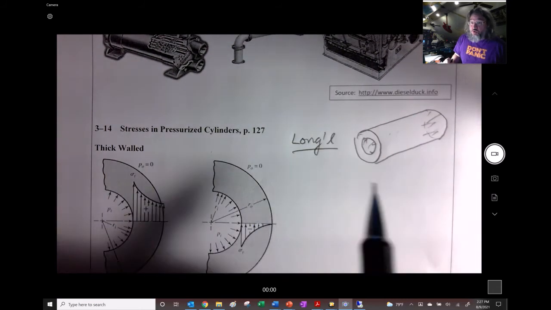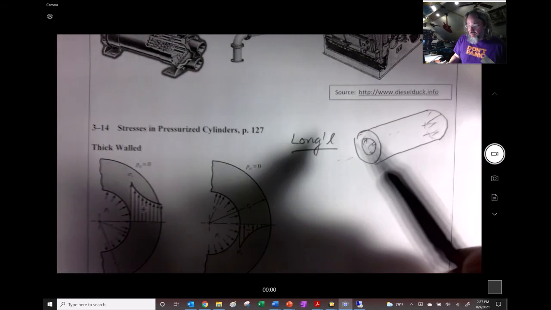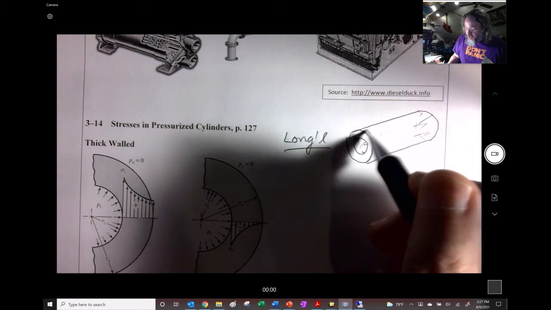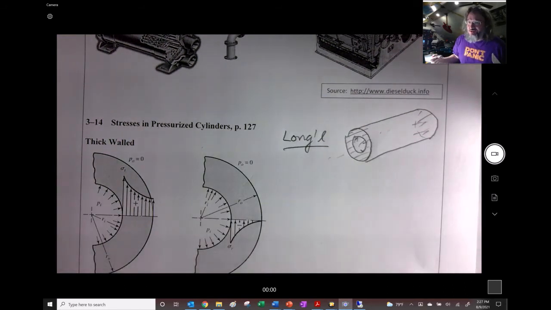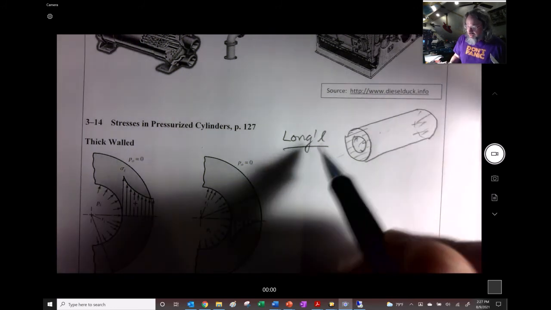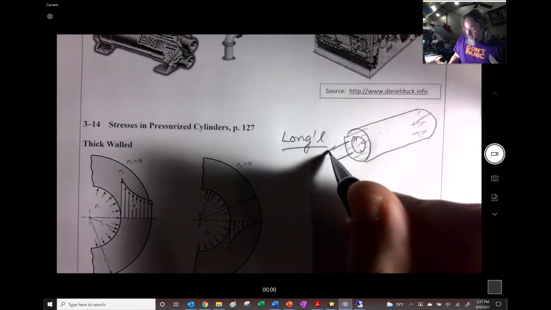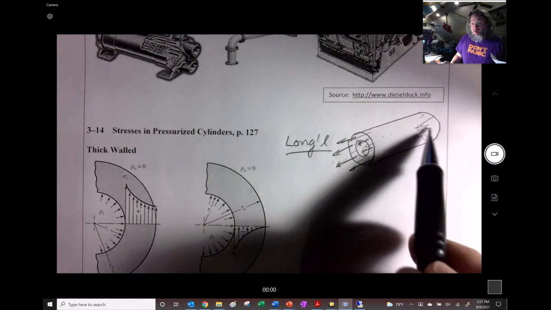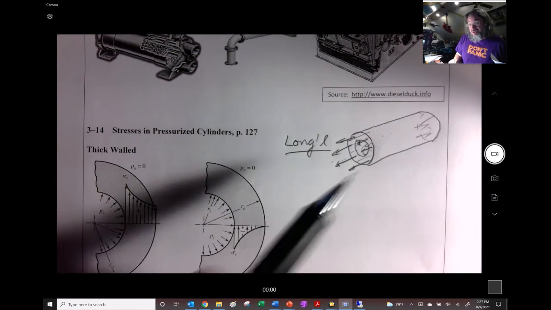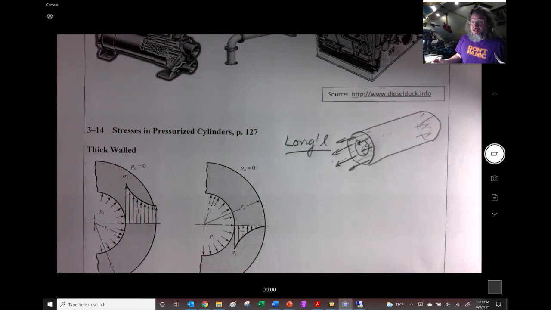Now, remember when we're looking at stresses, we're looking on the inside of the piece. So this thing is continuous in that direction, but we're just looking at a cross section of the thing that's been cut away because we had to cut it to look inside it and see the stresses. Well, in the longitudinal direction, there's going to be stress distributed all along that face, because over on this side there's pressure pushing on that end cap. So in order for this thing to stay in equilibrium and not go flying off into space, it has to have some stress.